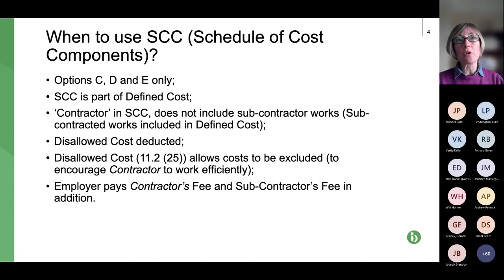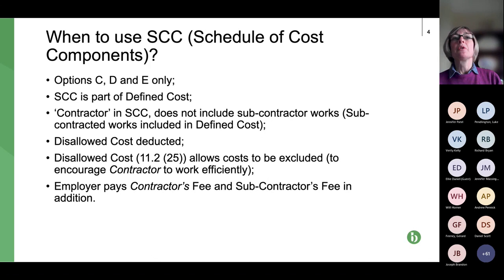In NEC 4, the subcontractor costs are included in the schedule of cost components itself, which I think is helpful because it moves it all to one place and avoids the risk that a junior QS might inadvertently miss the subcontractor costs simply because they're not in the schedule of cost components.